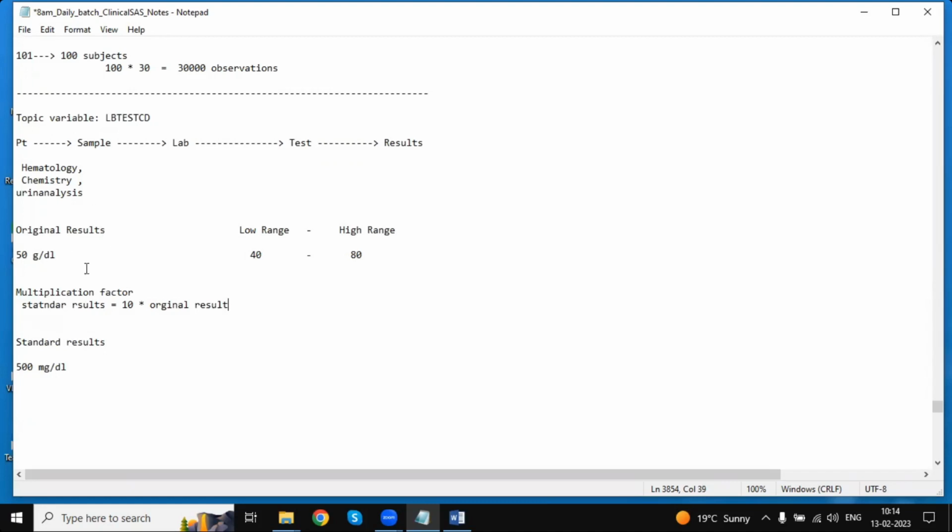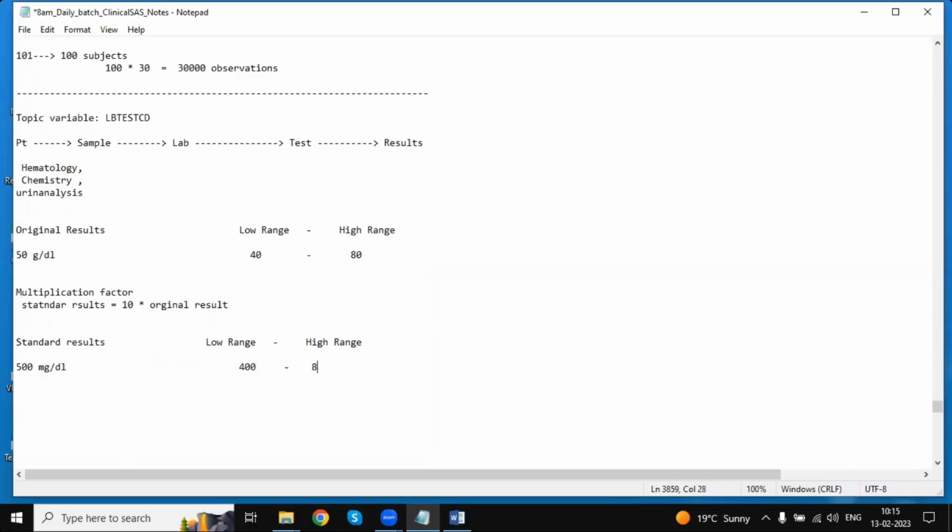Once the original results change to standard results, obviously range values also will change. Now how will the range values come? Previously it is 40 to 80. Now the range will be multiplied by 10.